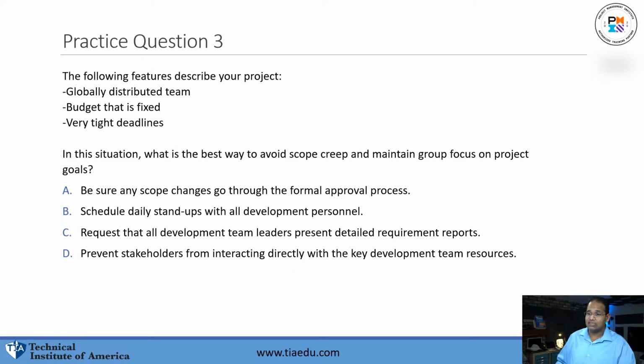B, schedule a daily stand-up with all development personnel. C, request that all development team leaders present detailed requirements reports. And D, prevent stakeholders from interacting directly with the key development team resources.